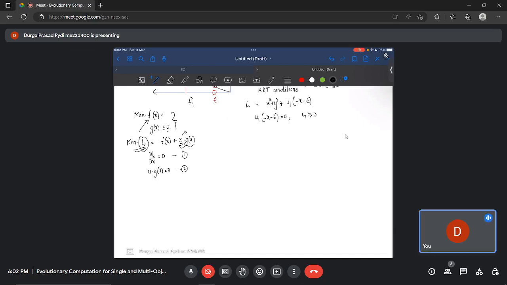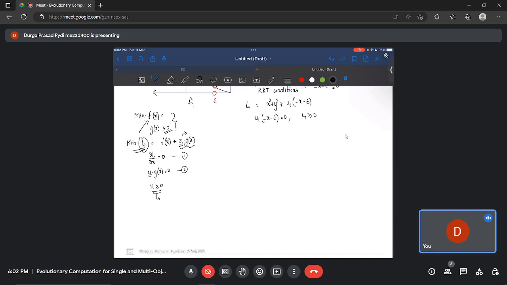And we also have another constraint on this particular u, because u cannot be any number. The idea is g of x should be some negative value. If g of x is positive, my L should increase. So you define u to be greater than or equal to 0.